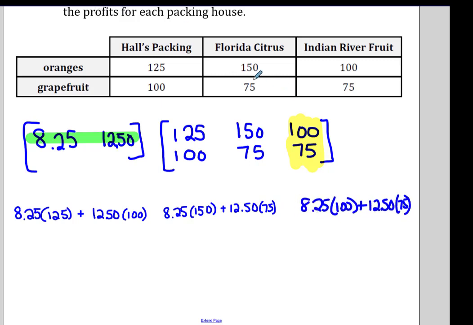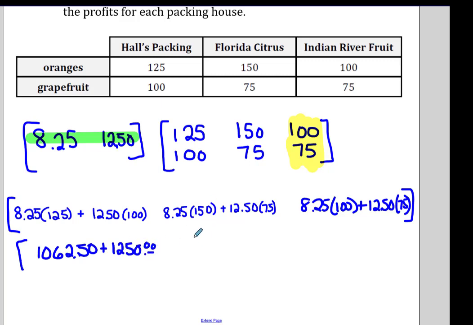Now moving back to our product, we want to add those up. So this is our matrix multiplication. And 825 times 125, that element is going to be 1062.50 plus 1250.